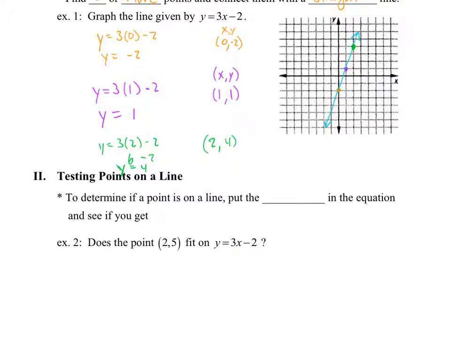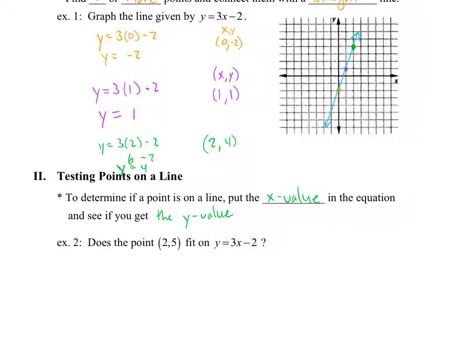You could look at the graph if you have a graph, but if you don't have a graph, you're going to determine if the point is on the line. Put the x value in the equation and see if you get the y value.